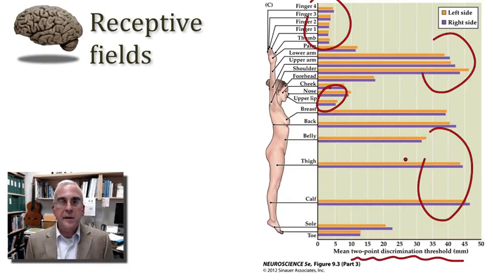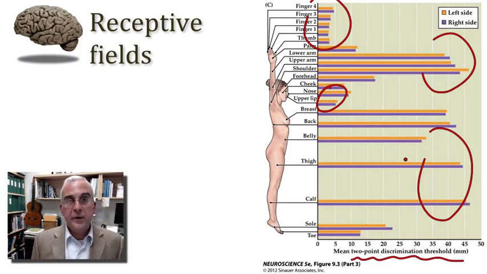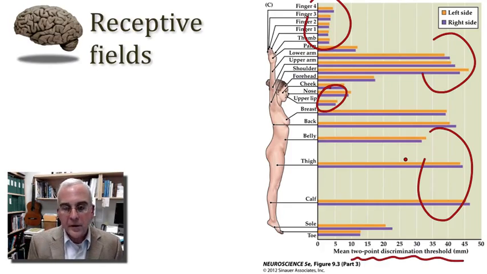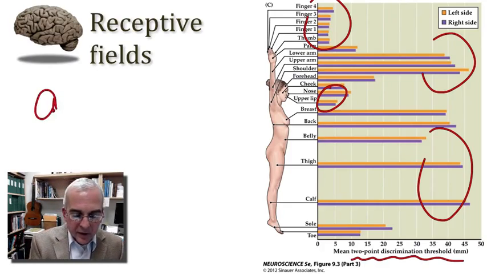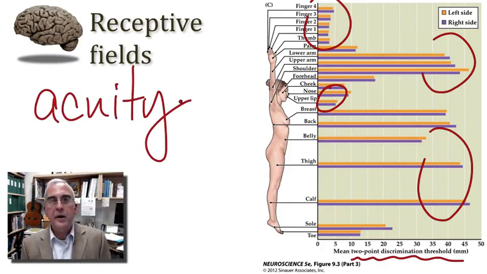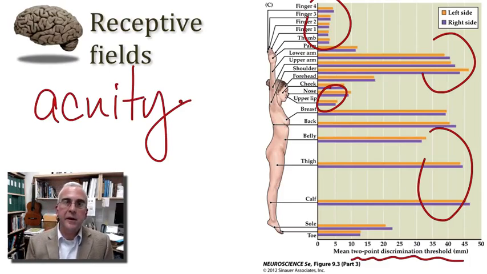Well, these concepts are illustrated here with respect to the somatic sensory system, but we'll see how they play out in other domains. I hope you appreciate that what we're talking about here with 2-point discrimination is really the phenomenon of acuity. So what we're talking about here is spatial acuity, but the same principles will apply, let's say, in the visual system, where we have very small receptive fields and a high density of receptors in the central part of the retinas in our eyes.